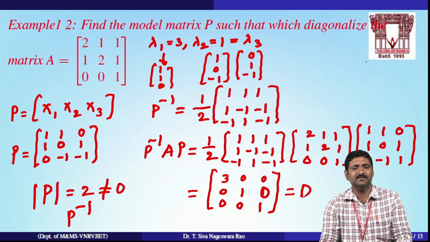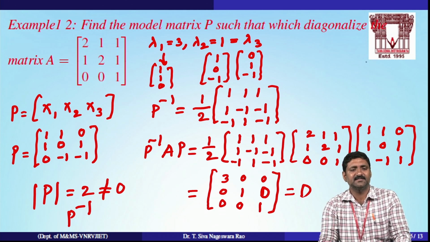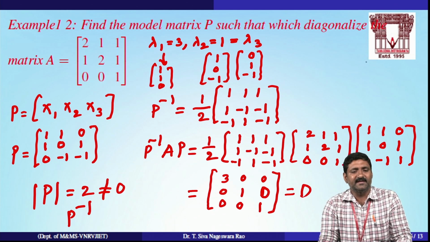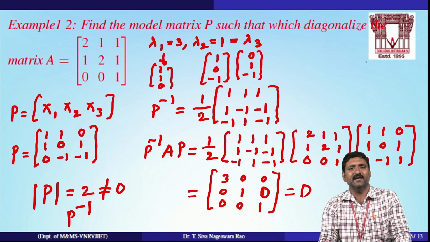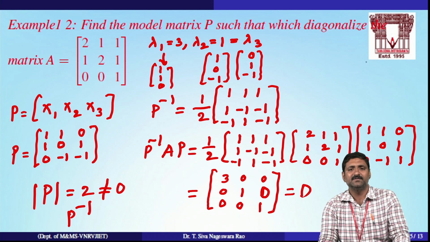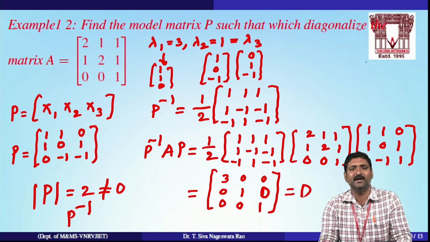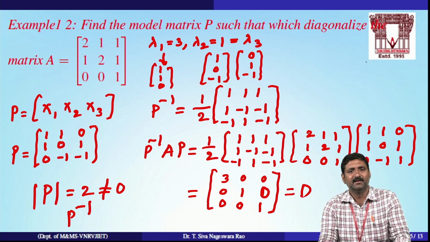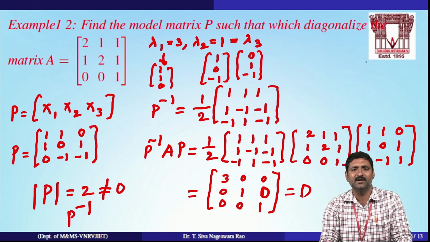You will get 3 eigenvalues, because generally we are always taking a 3 by 3 matrix. Corresponding to 3 eigenvalues, you will get 3 eigenvectors. We will arrange these eigenvectors as column vectors in the model matrix capital P. We will find the determinant of P immediately.